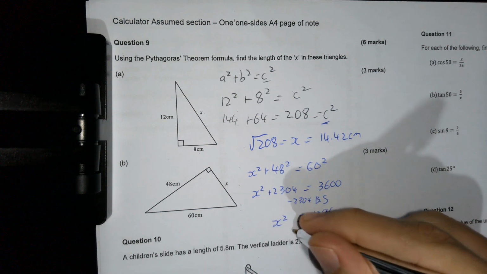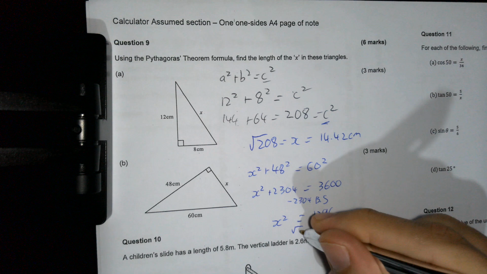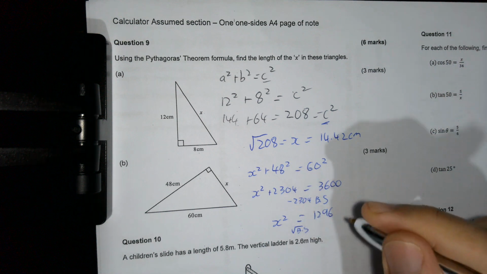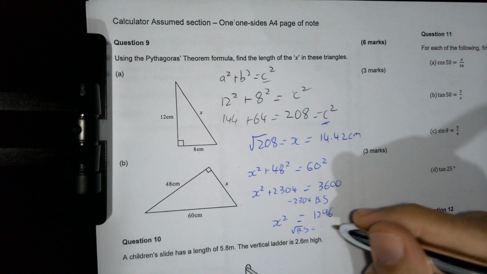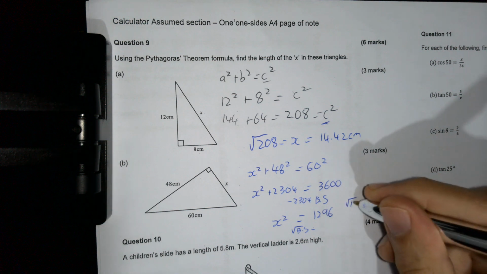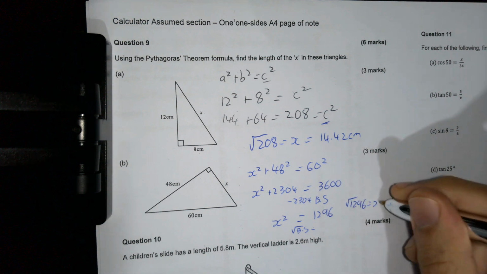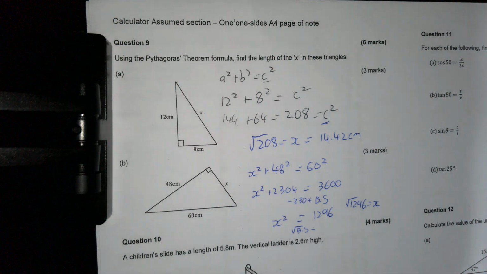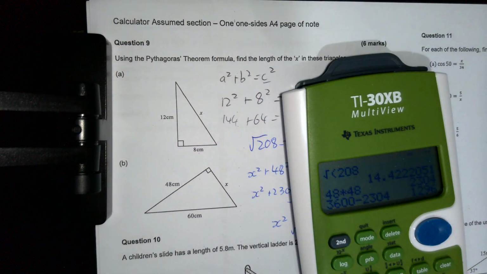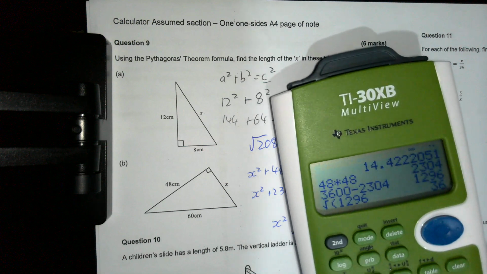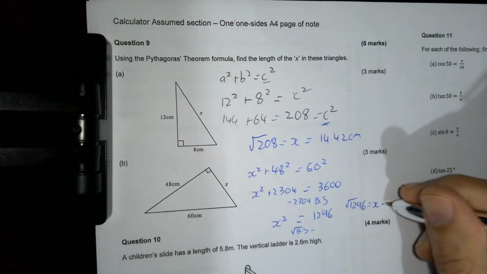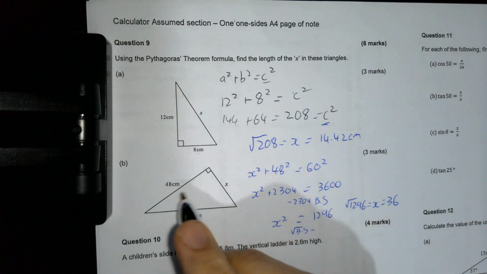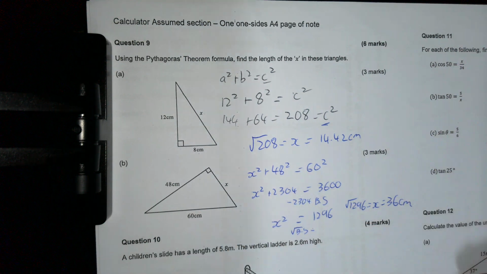Then I've got to square root both sides. That means square root 1296 will equal x. The square root of 1296 equals 36. So the answer is 36, keep it in the units, centimeters.